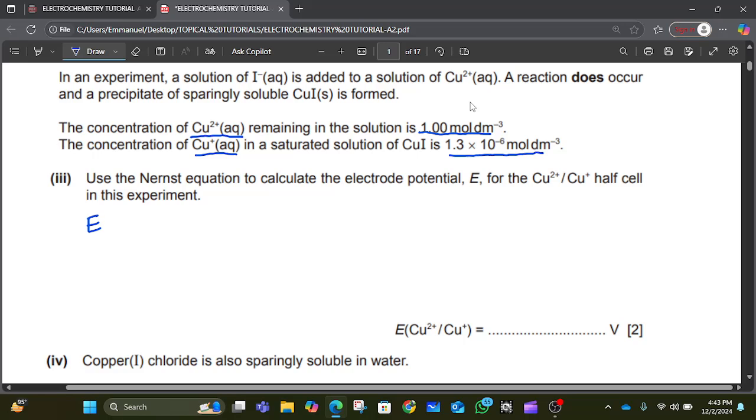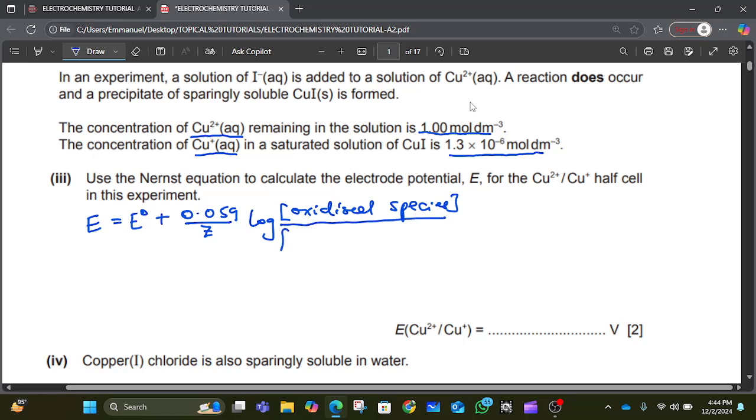So the electrode potential of a non-standard half cell, E, is given by the electrode potential under standard conditions plus 0.059 over z, log of the concentration of oxidized species divided by the concentration of reduced species.